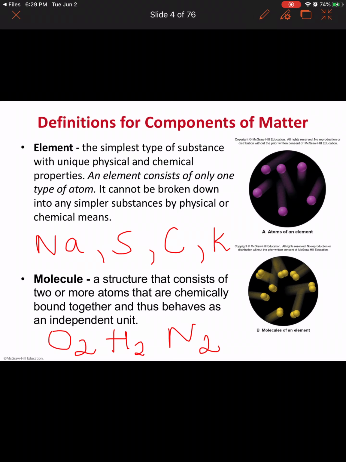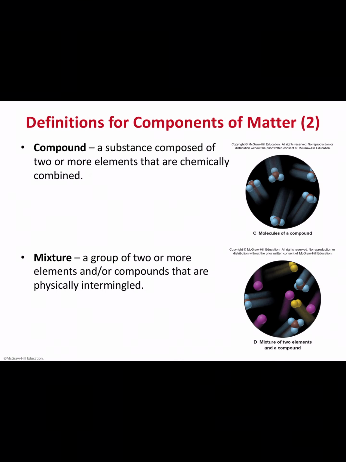Okay. And then the next one is a compound. A compound is a substance composed of 2 or more elements that are chemically combined. So what you're seeing here is the molecules of a compound. Carbon dioxide, CO2, is a compound, and water can also be a compound.